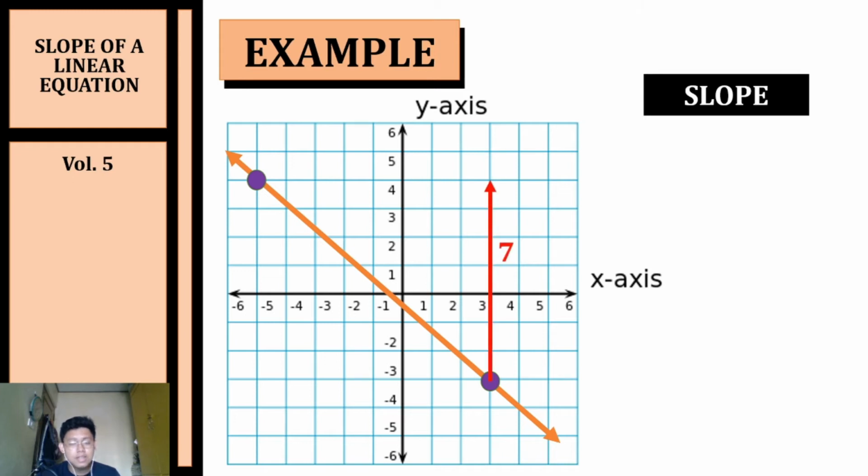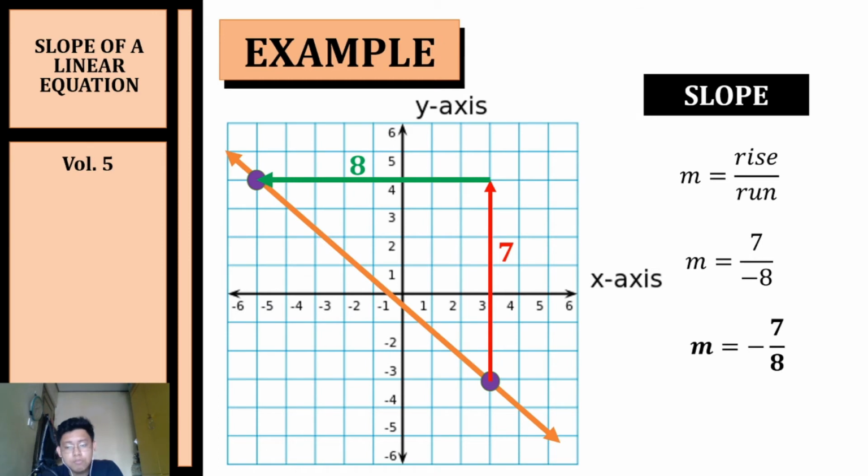We have 7 units going up, and since we're going to the left, we have 8 units going to the left to reach our second point. We use the rise over run formula. We have 7 units moving up, that's why it's positive, and 8 units to the left. Since we're going to the left, it will be negative 8. Simplifying this, our slope is negative 7 over 8.